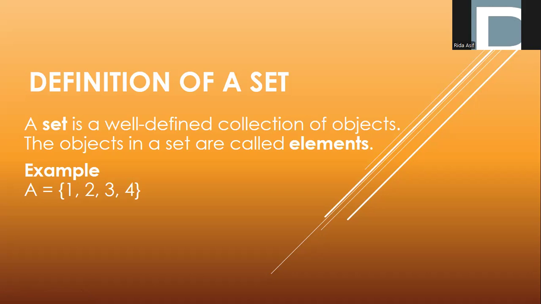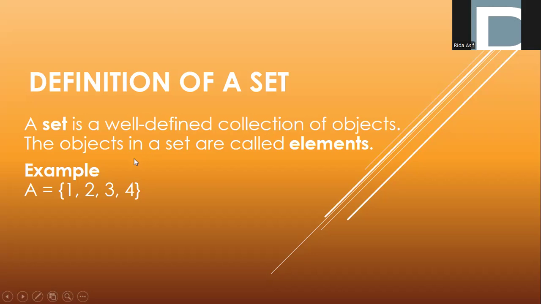Because we clearly know the months like January, February, March, April, etc. But the set of beautiful flowers, is it well defined? No, because different people have different opinions about what is beautiful and what is not. So this is about well defined, right? Thus a set is a well-defined collection of objects.